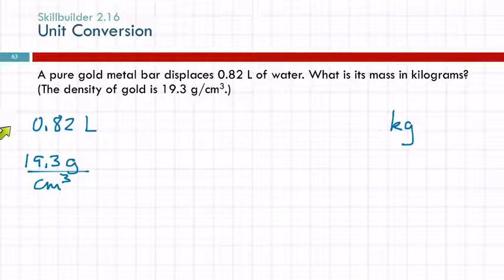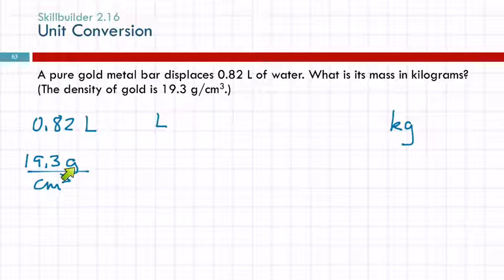I've got to start with one of these. What am I going to start with? Liters. I'm going to start with liters, and I have to figure out how to get from liters to kilograms. Kilograms and liters are not in this density at all.